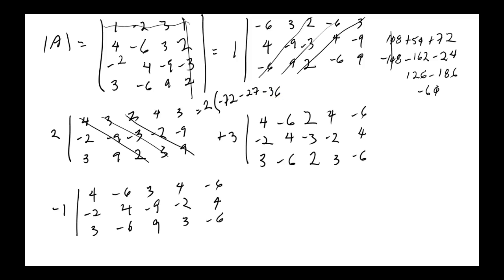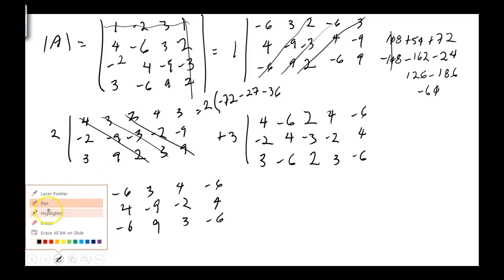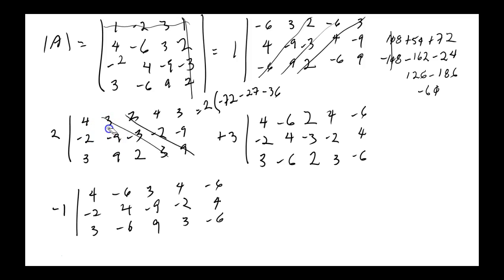A bunch of negatives on this one. I'm going to remove my construction lines here so I can read. Oh, I think I messed something up there. Let me check. That 2, yeah, it is right. Good.